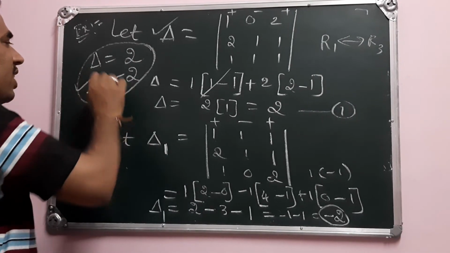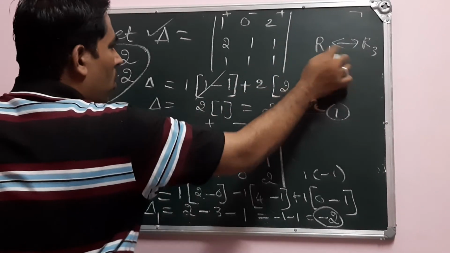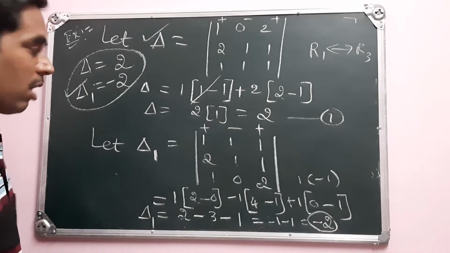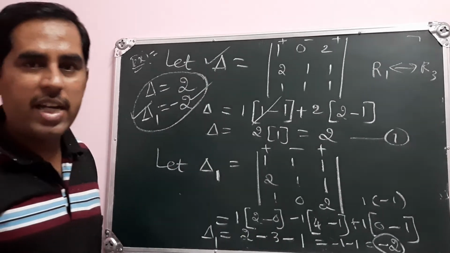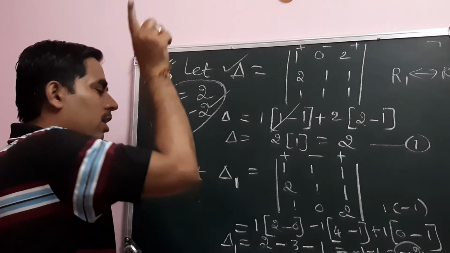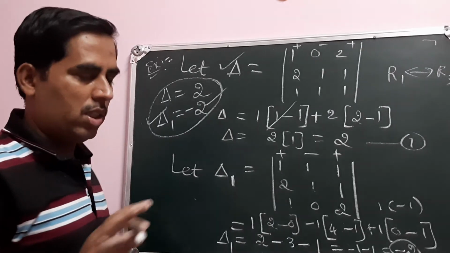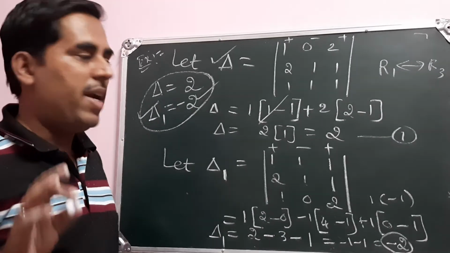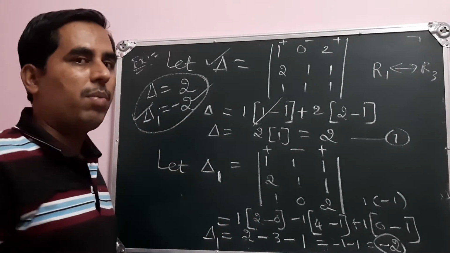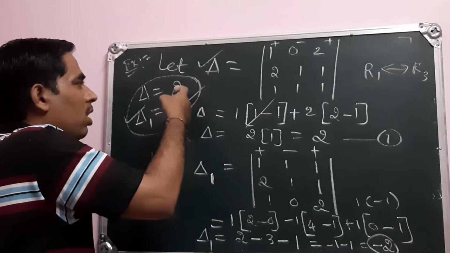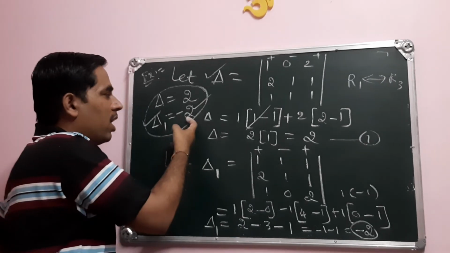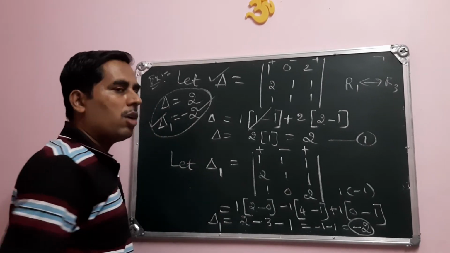So if we interchange any two rows or columns in a determinant, the value of the determinant changes the sign. Plus 2 with minus 2. So this is the basic thing the second property says. In this property, the original value is plus 2 and after interchanging the rows and columns, I got minus 2.